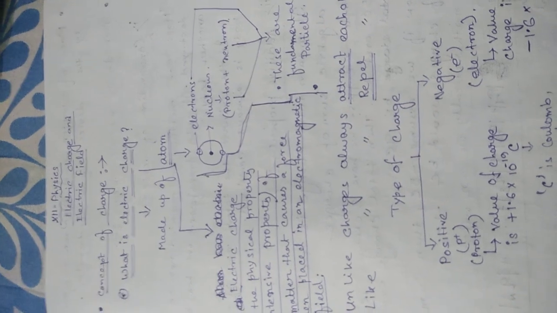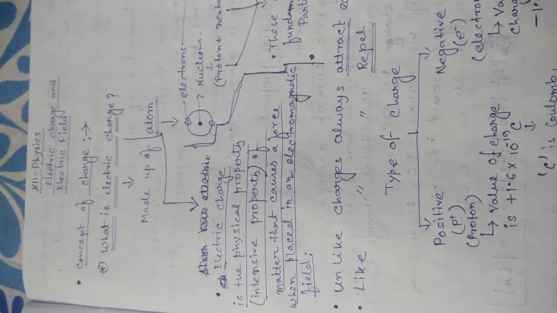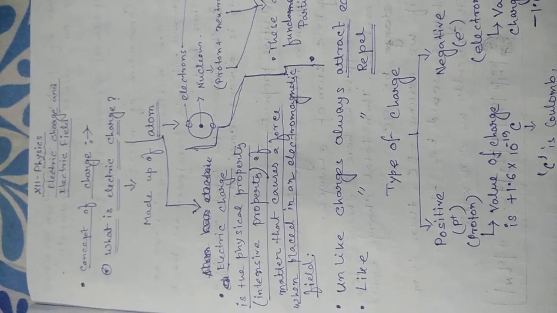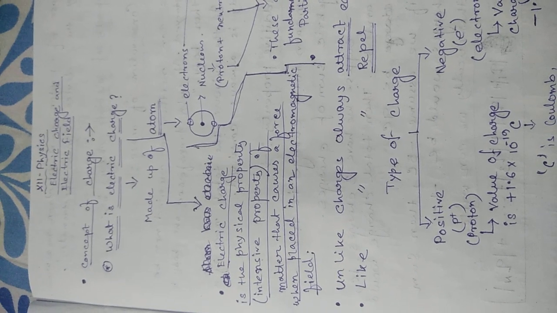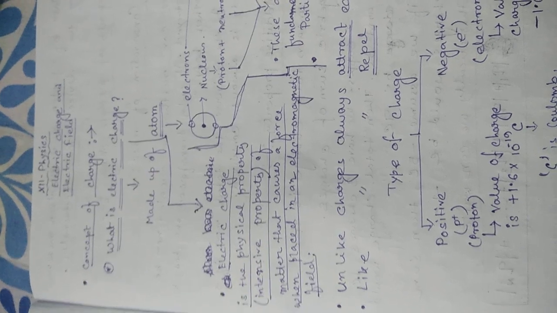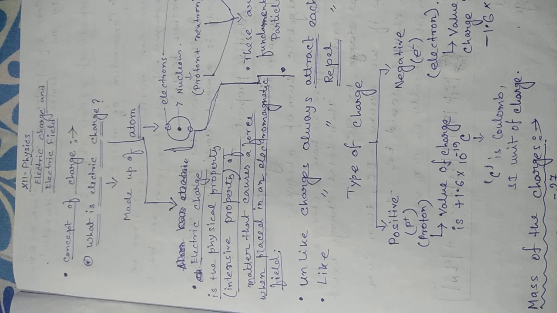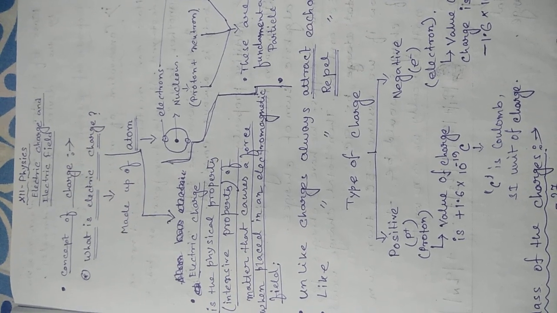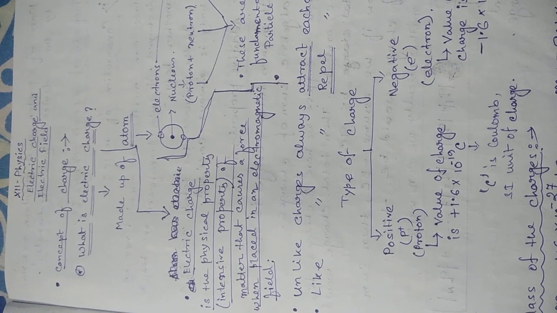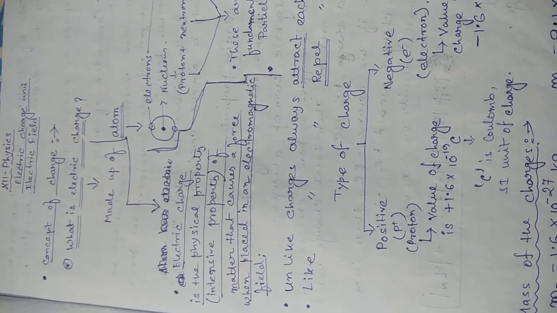Okay, so mainly electric charge is an intensive property of matter, or we can say that it is a physical property of matter that causes a force when placed in an electromagnetic field. That means when we place a positive charge and a negative charge together inside any electric field or magnetic field, it creates a force.